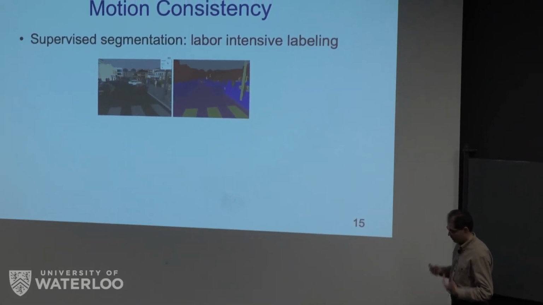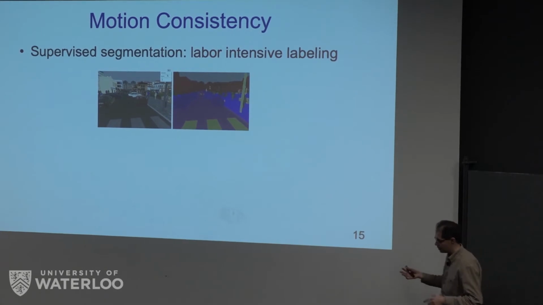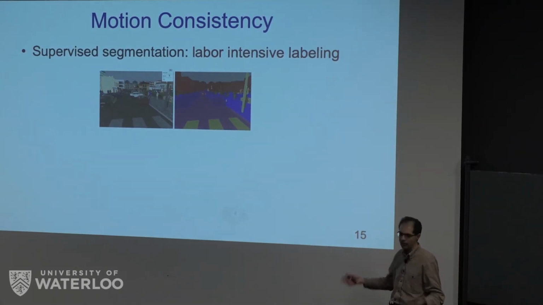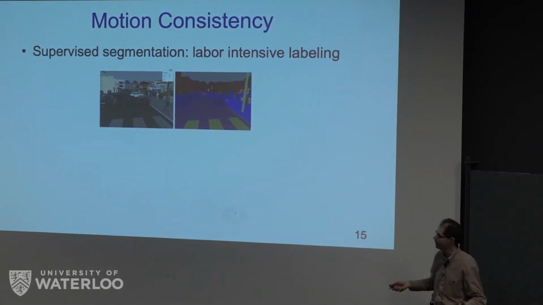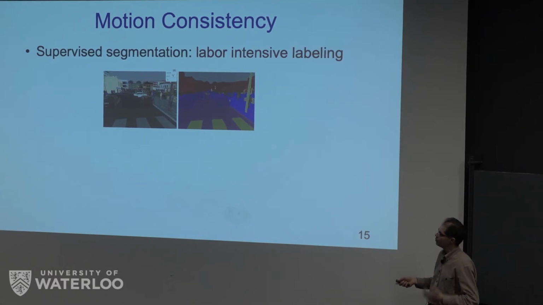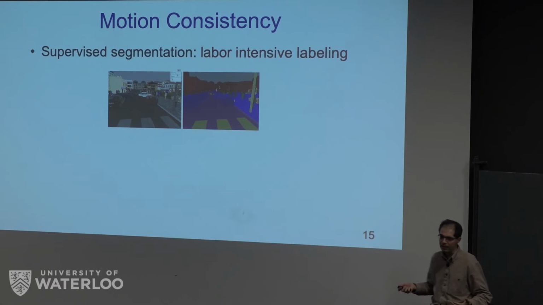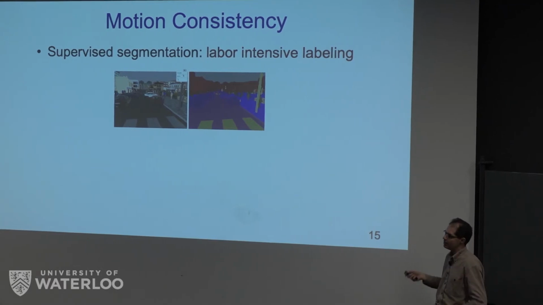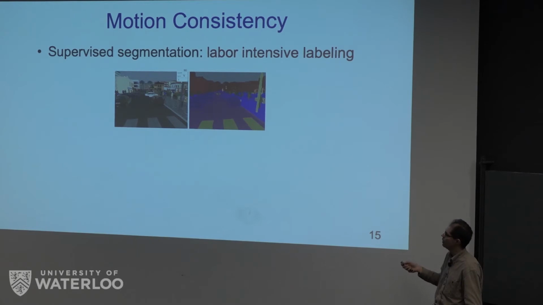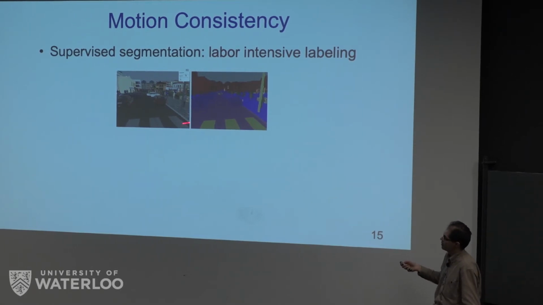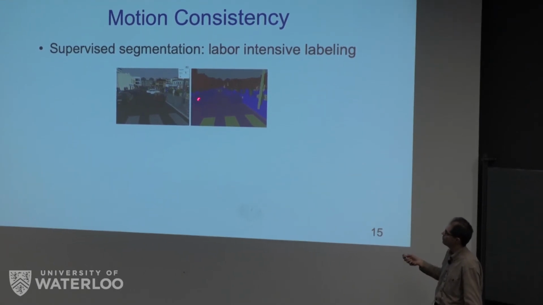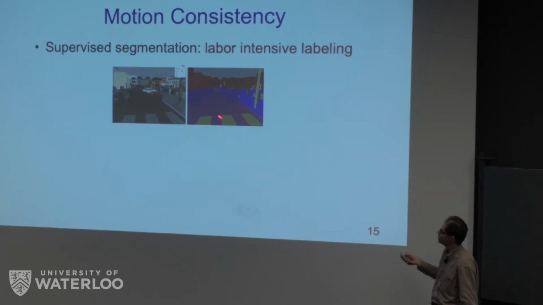Okay, so the approach here is going to leverage some things that have been well known in computer vision for a long time. If you want to segment objects, and you do this in a supervised way, then it is labor intensive to obtain labels for every single pixel. So for instance here, there's a scene, and if I want to distinguish the cars versus the building versus the street versus a pole versus people, right?